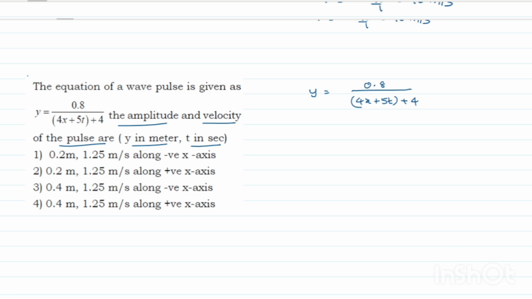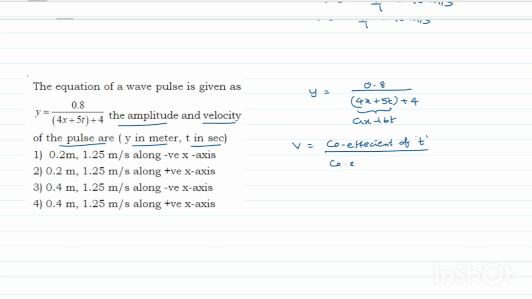As I said, it is in the form of ax plus bt, so y is a function of x and t. The velocity of the pulse will be the coefficient of t divided by the coefficient of x.